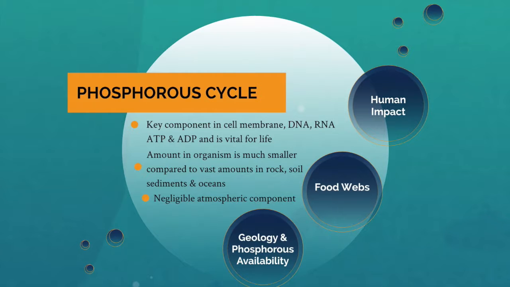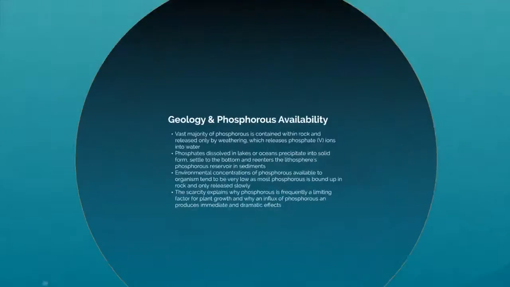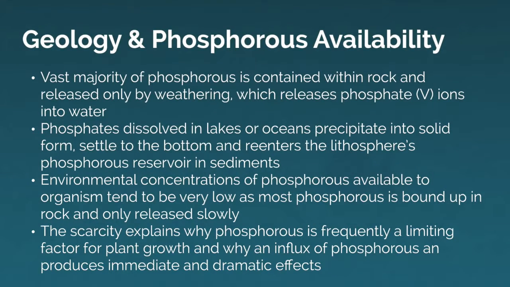The phosphorus cycle is split up into three portions: geology and phosphorus availability, food webs, and the human impact on the phosphorus cycle. The vast majority of phosphorus is contained within rock and released only by weathering, which releases phosphate ions into water. Phosphates dissolved in lakes or in the oceans precipitate into solid form, settling to the bottom, and re-enter the lithosphere's phosphorus reservoir in sediments.